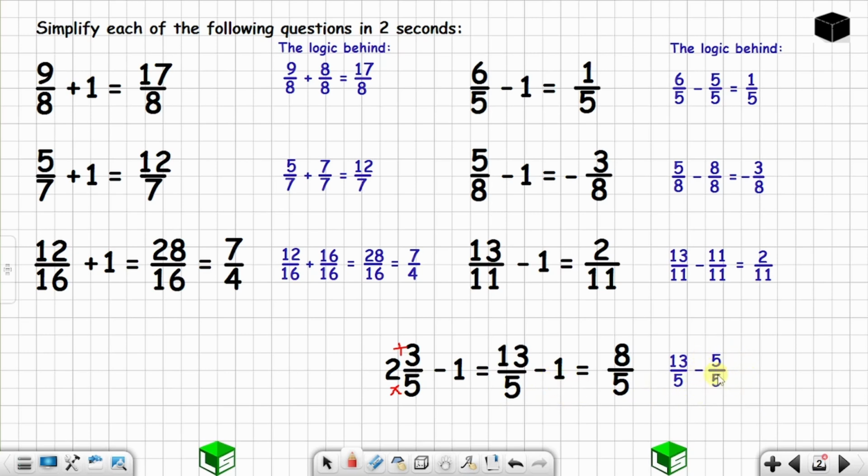Now you have like fractions with the same denominator, so you subtract your numerators. 13 minus 5 is 8 over 5.